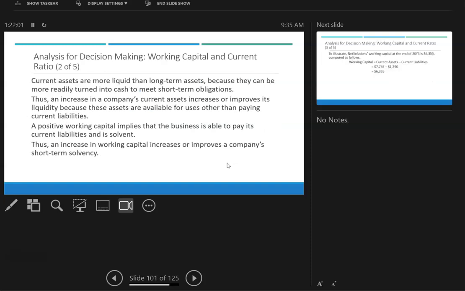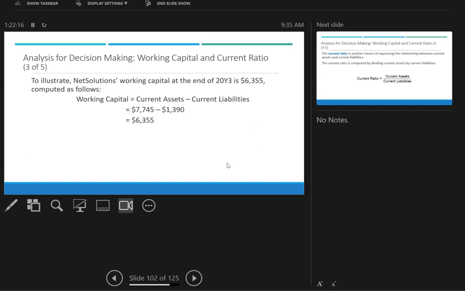Current assets are more liquid than long-term assets because they can be readily turned into cash to help pay your bills. A positive working capital means that the business is able to pay its bills, which is a beautiful thing. So you can figure out what your working capital is by just your current assets minus your current liabilities.